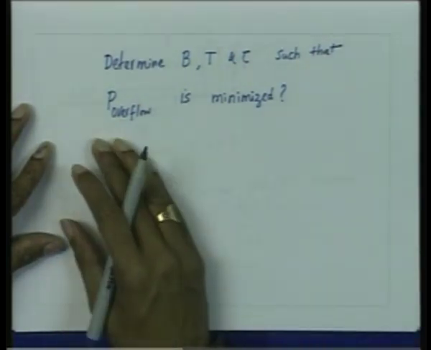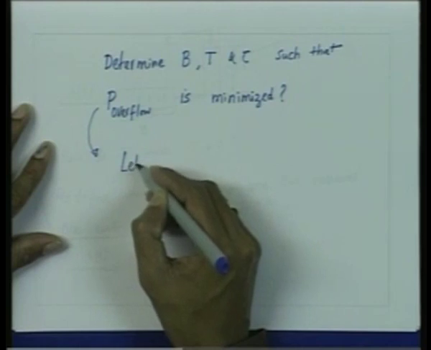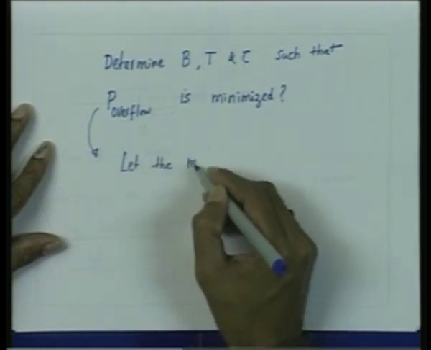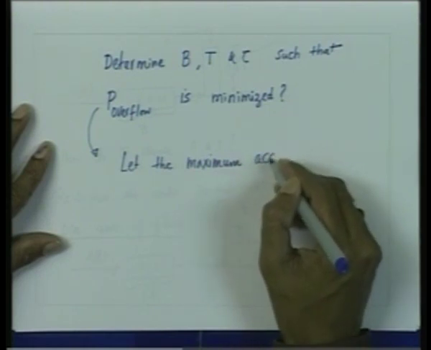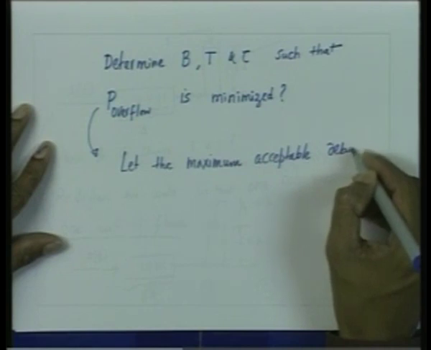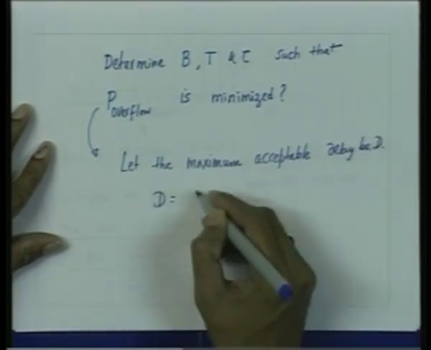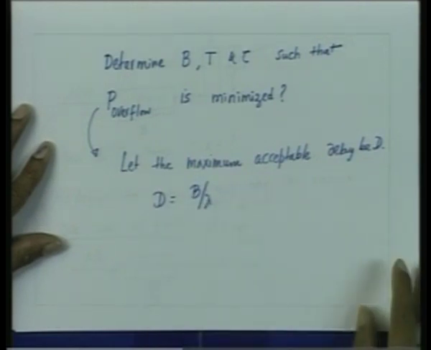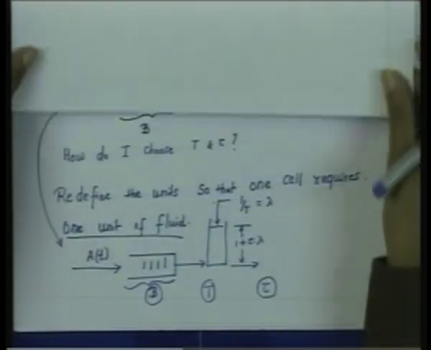We can also pose a problem in another way, in which we say that let the maximum acceptable delay be D. So if the maximum acceptable delay is D, then D is actually given by B by lambda, where B will be the maximum acceptable backlog.